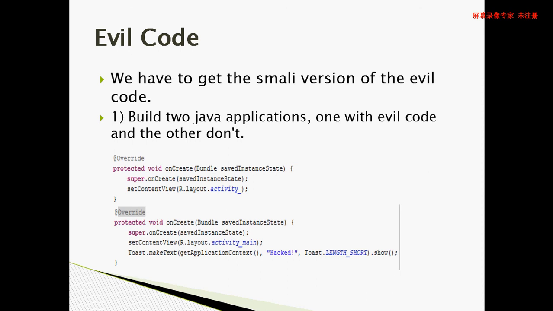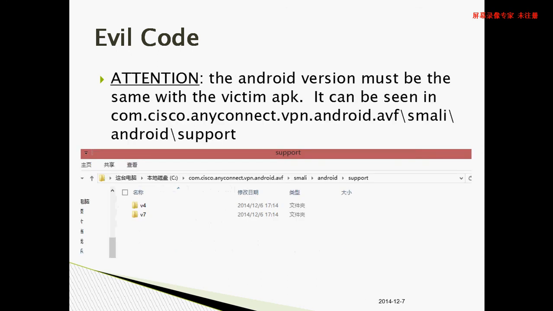Once these applications are successfully built, the one thing that we need to consider is that the Java applications that we just built should match the version of the Java application that we are exploiting. In this case, the Cisco AnyConnect application should have the same Java version as that of the new applications we just built.